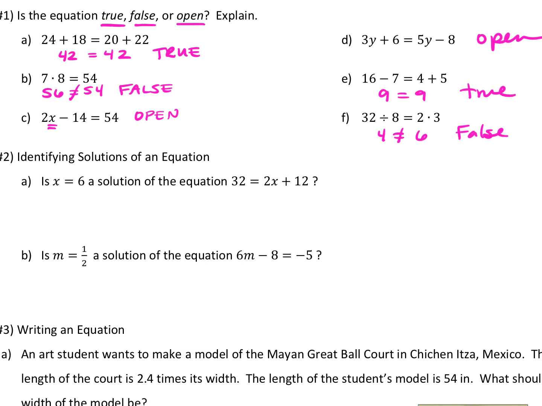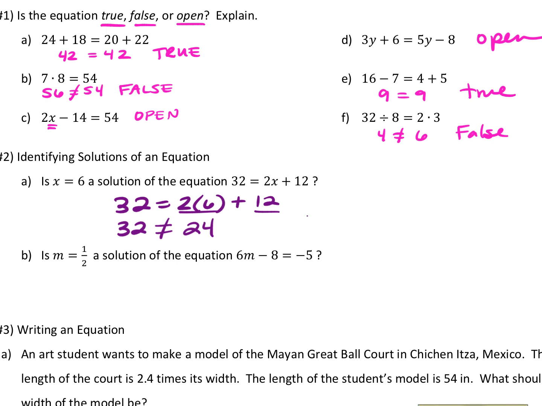So we're going to say 32 equals 2 times 6 plus 12. Is that a solution to this equation? No. 32 does not equal 12 plus 12 or 24, right?